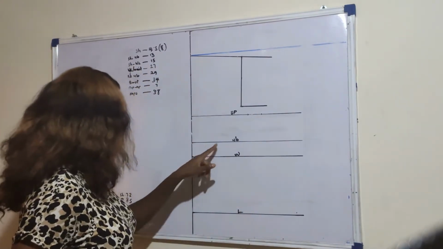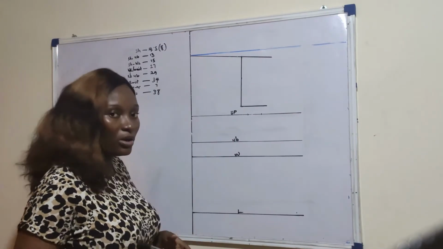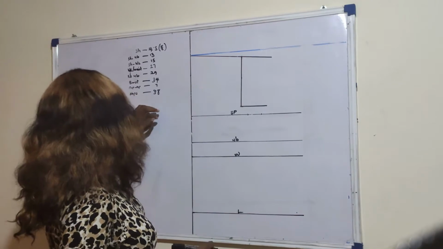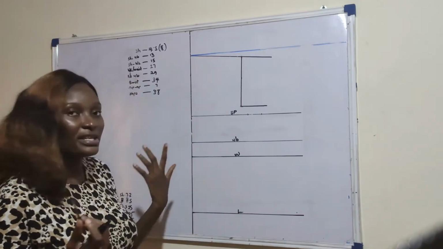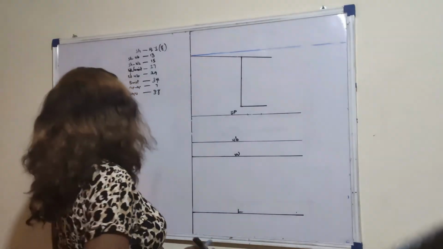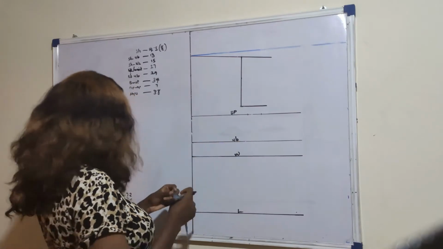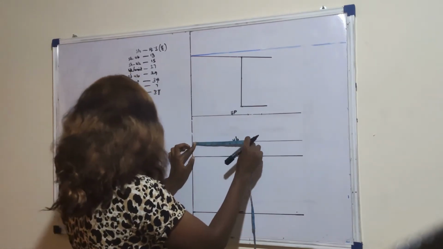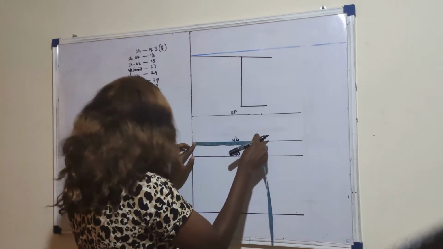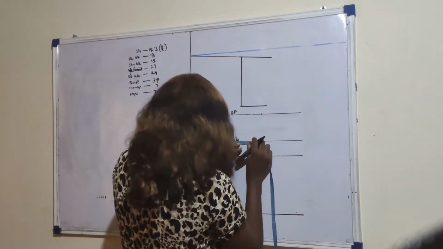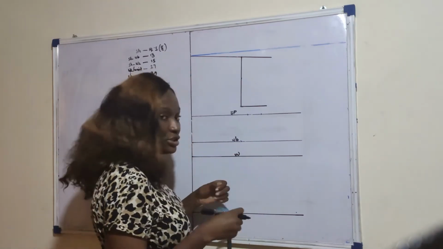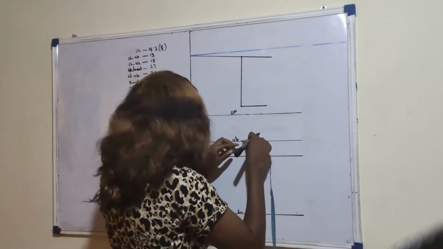Then her under bust measurement, around the under bust, is 29. So you divide 29 by 4 and mark it right there. You add your 2-inch allowance.